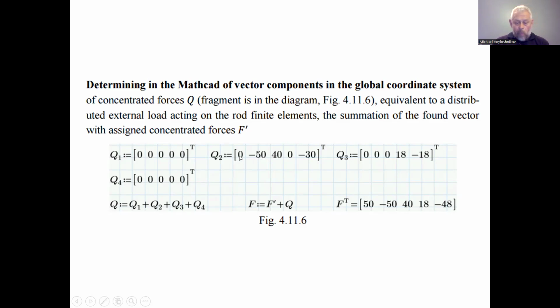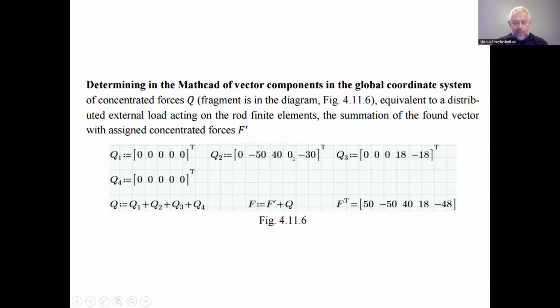The first is the component of force, under the action of distributed load, applied to node 2, the left end of the second finite element. This is the moment in the rigid corner between the first and second element.